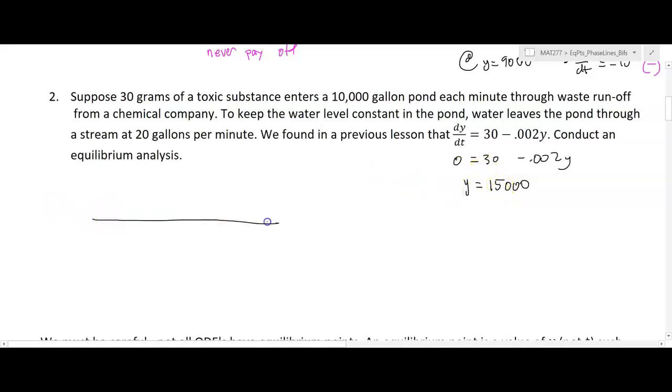If again I draw a number line here, and say that these are the values of y that get inserted into here, then I have an equilibrium point at y equals 15,000. If I ever have y equals 15,000, in other words, if the pond ever ends up having 15,000 grams of this toxic substance, then it's at a saturation point.